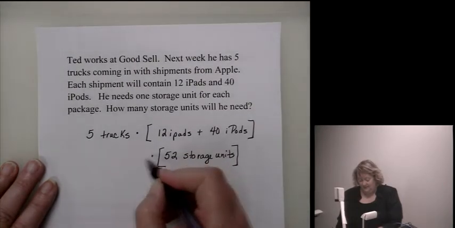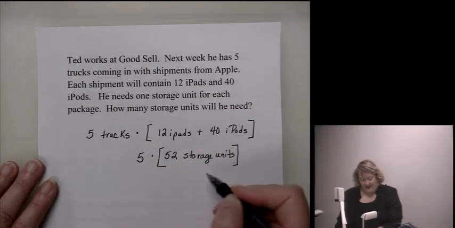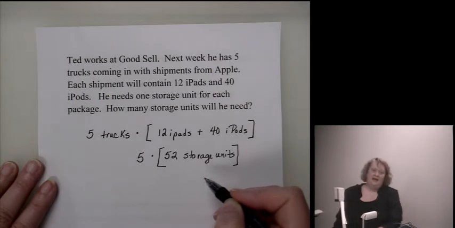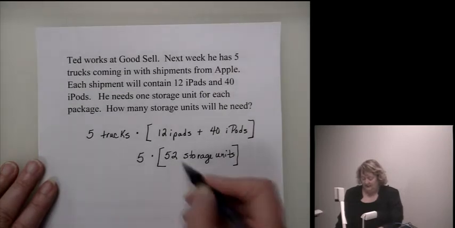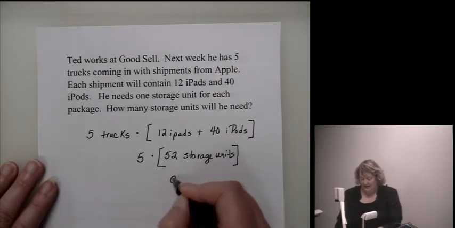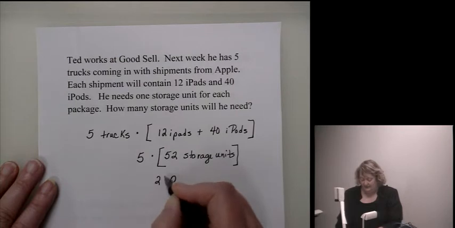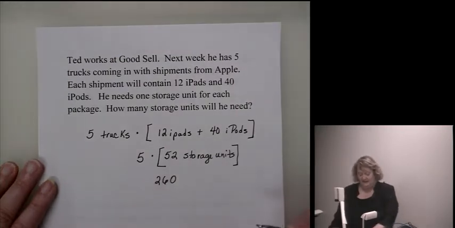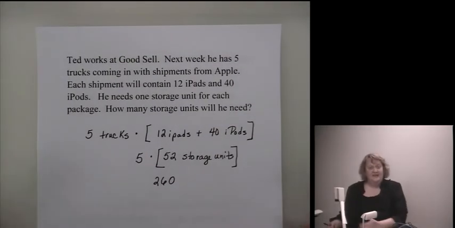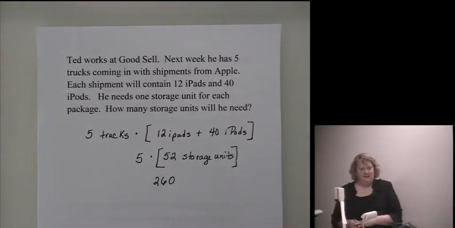And then for the 5 trucks, 5 times 52, and I took my calculator and multiplied this out. I'm not doing it in my head, but 5 times 2 is 10, carry my 1, 25 plus 1 is 26, and I get 260. And that is one way that we do this multiplication.